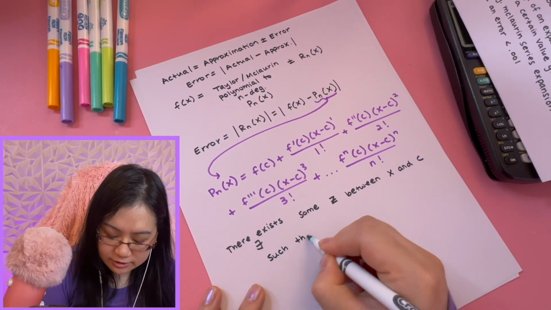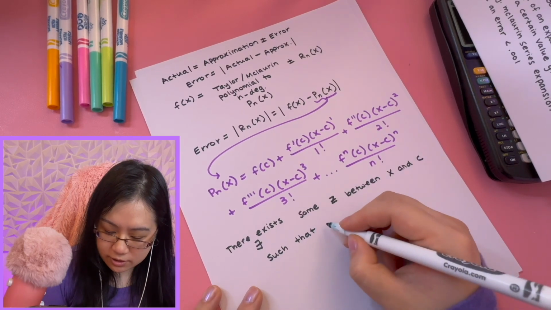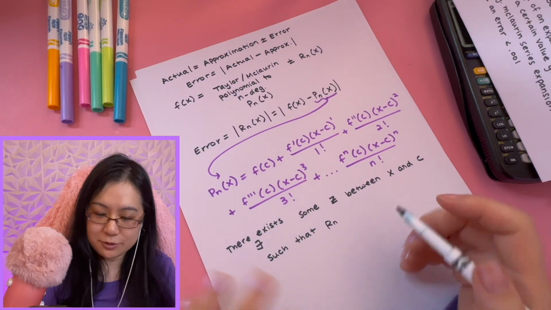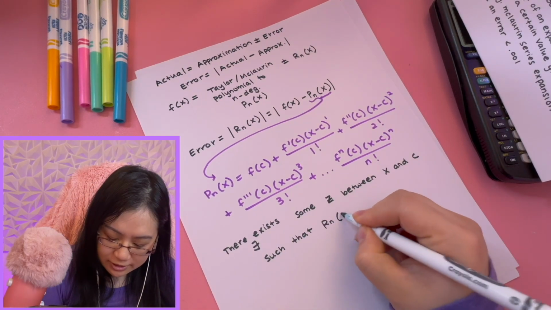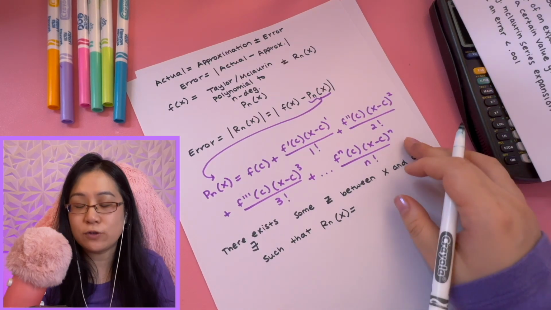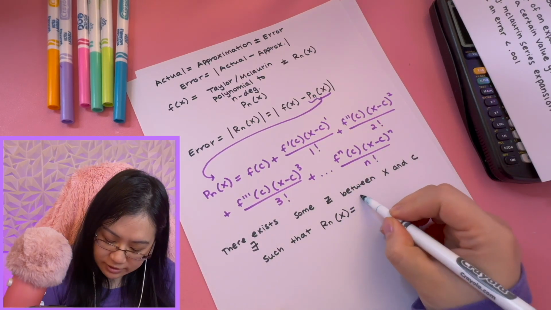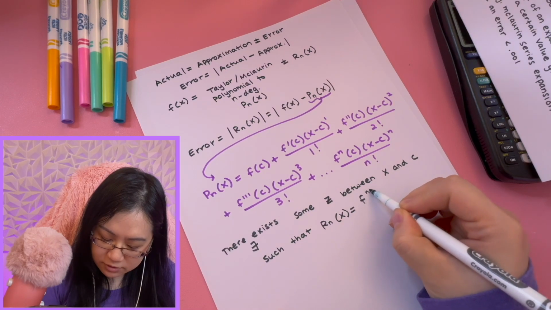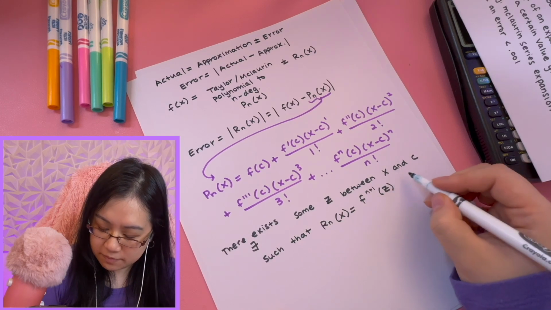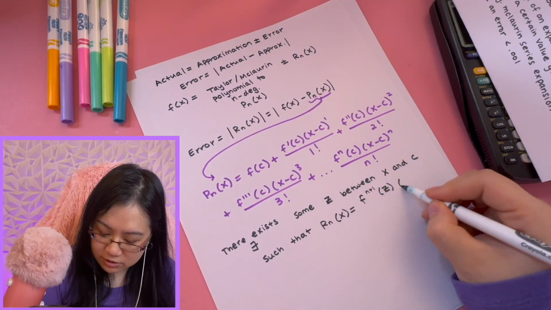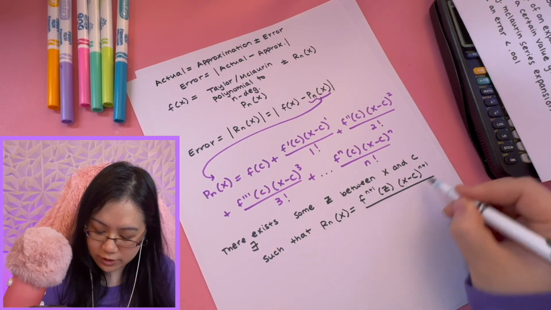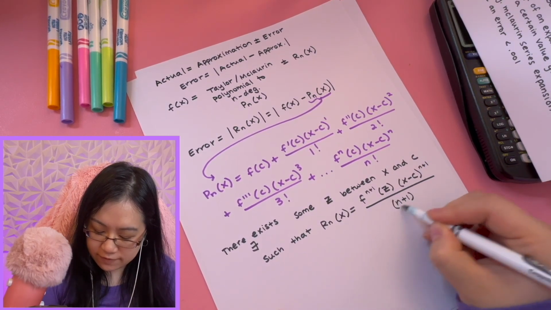such that R_n(x), sorry, I'm trying to not make this shake too much. So you're looking basically at the n plus first derivative, f^(n+1)(z), and then the rest is that next term, (x minus c) to the n plus 1 over (n plus 1) factorial.